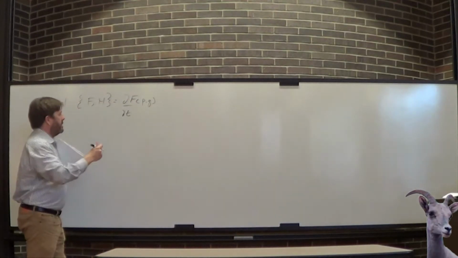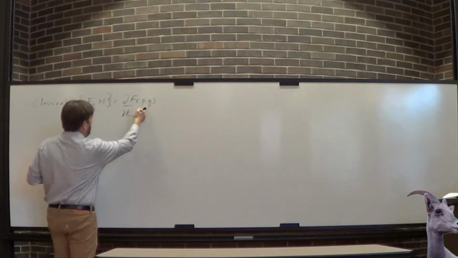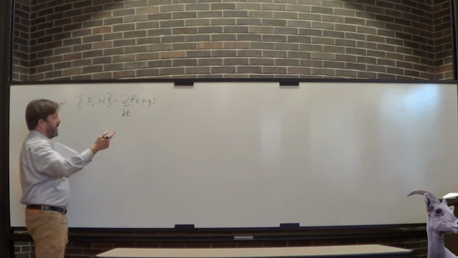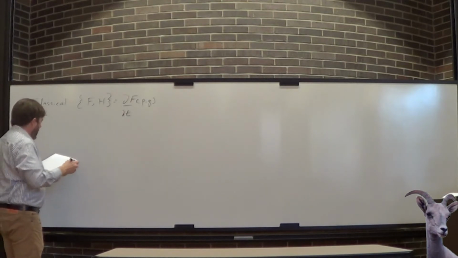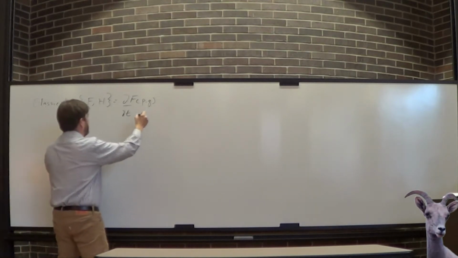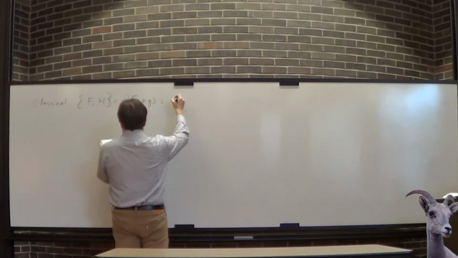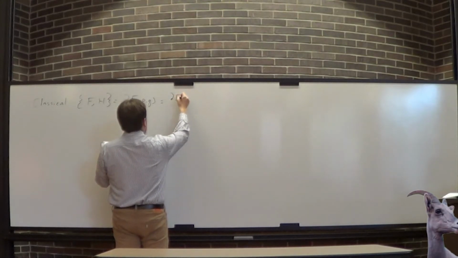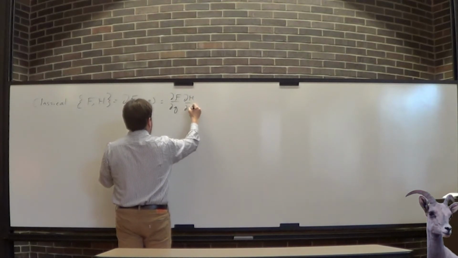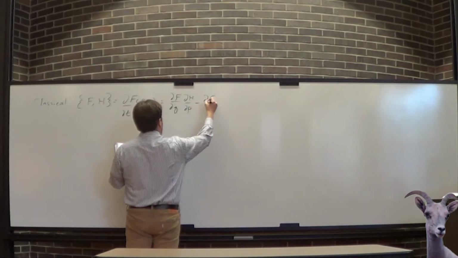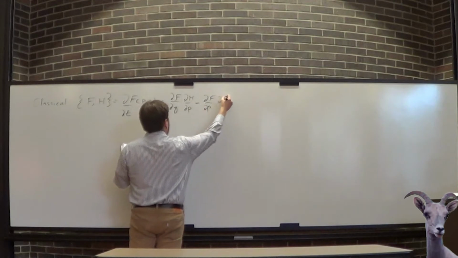Whatever I'm interested in, like angular momentum, will be a function of coordinates and velocities, right? And recall that this is equal to the bracket of F with H, dF/dt, and then you just permute that.